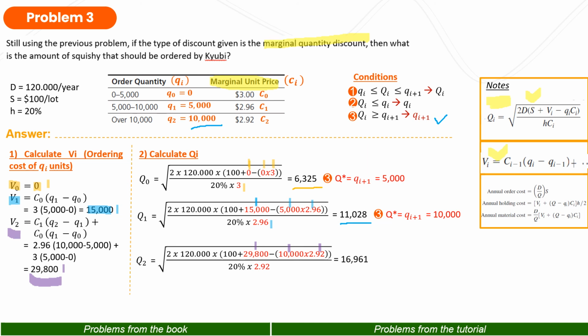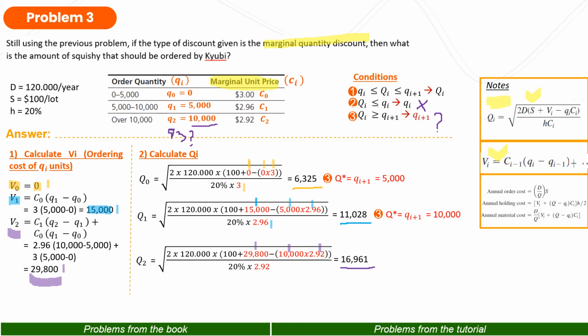Okay, first we look at the third condition. The third condition is the big Q is bigger than the little q after. So the big Q2 is 16,000, but we are not quite sure about the little q3, so we can pass. And then look at the second condition. The second condition is wrong because for sure the big Q2 is bigger than the little q2.